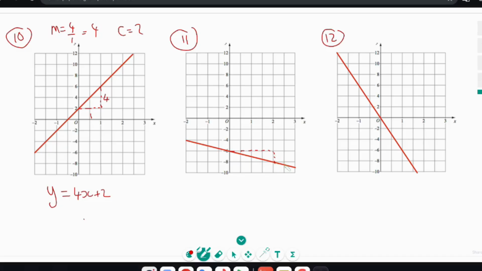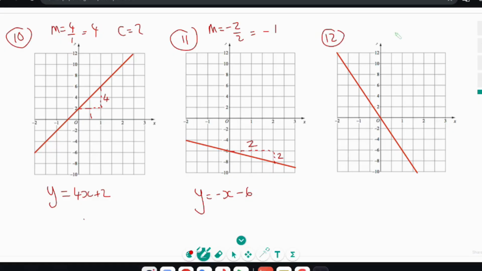Sloping downhill, negative gradient. 2, 2. The gradient is minus 2 over 2, which is -1. So your equation is y equals minus x minus 6.